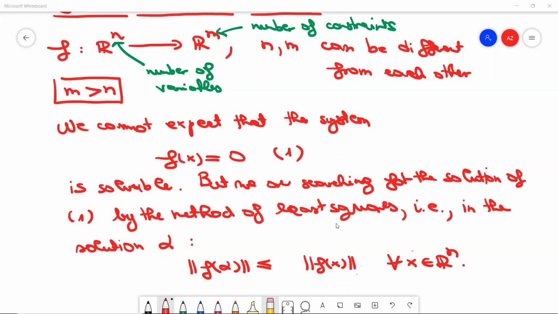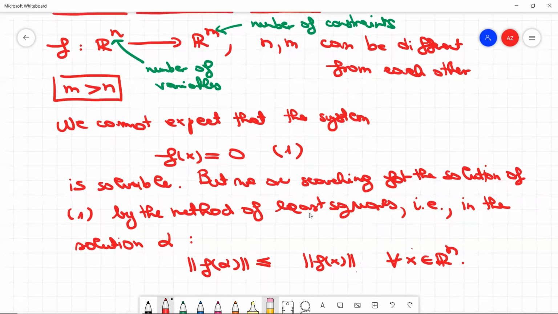This means that we are searching for alpha such that the norm of f of alpha, which is some vector in R to the power of m, will be the smallest possible. So we go over all n-tuples, calculate the norms of vectors f of x, and the norm of f of alpha is smaller or equal to the norm of f of x.